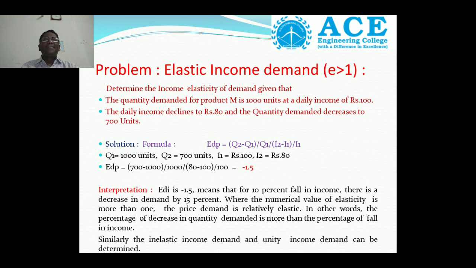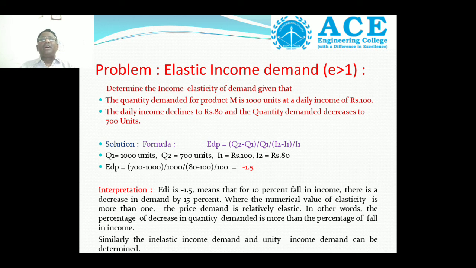The demand is relatively elastic. In other words, the percentage decrease in quantity demanded is more than the percentage fall in income. Similarly, inelastic demand and elastic income demand can be determined.